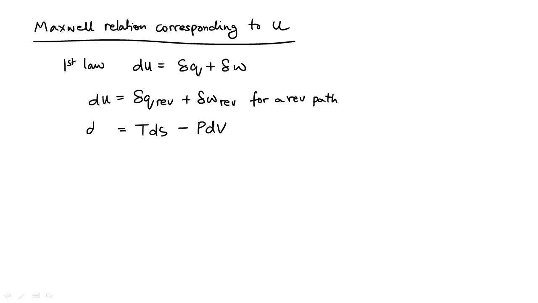So then we have written dU in terms of state functions. This equation is applicable to all processes, reversible and irreversible, because this is in terms of the state functions.